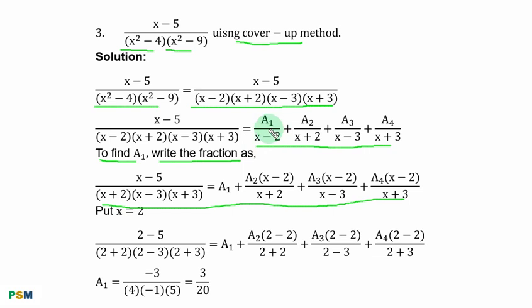So if you use s − 2 to multiply this term, it will cancel out this. You are left with these 3 terms, and that is what you have here. If you multiply this term by s − 2, you are left with A1.